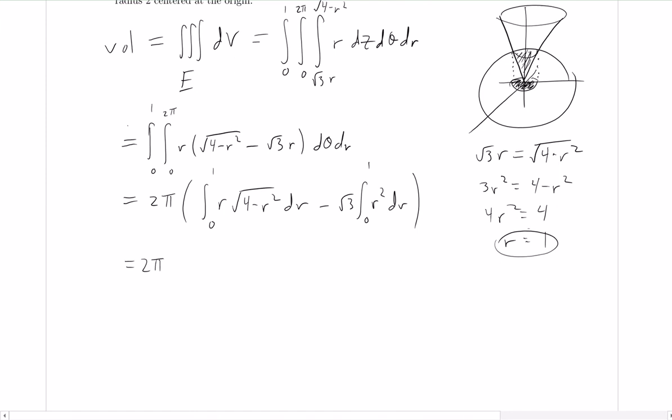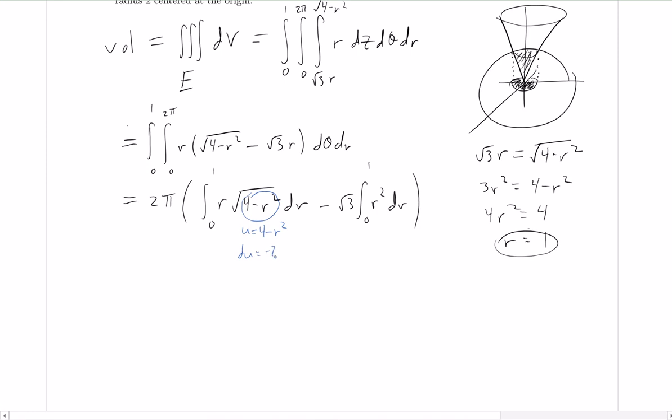So for the first integral, let's do the substitution. u equals 4 minus r squared.